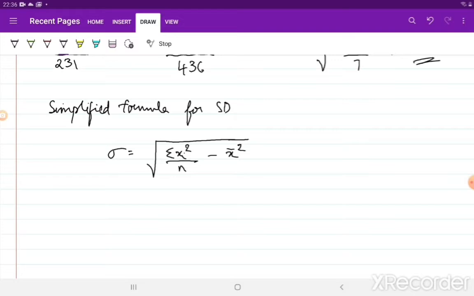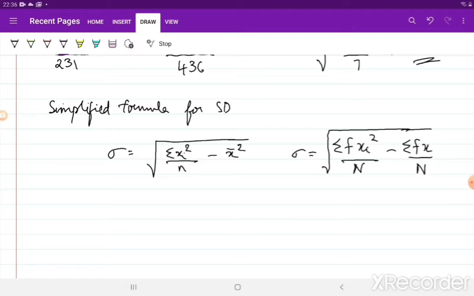And if you have frequency distribution data, you can write the same thing as summation f xi square by capital N, where capital N is actually your total number of observations, minus summation f x by N whole square.